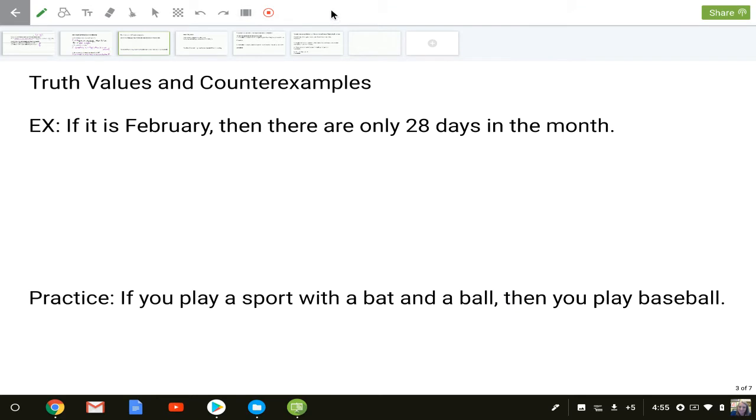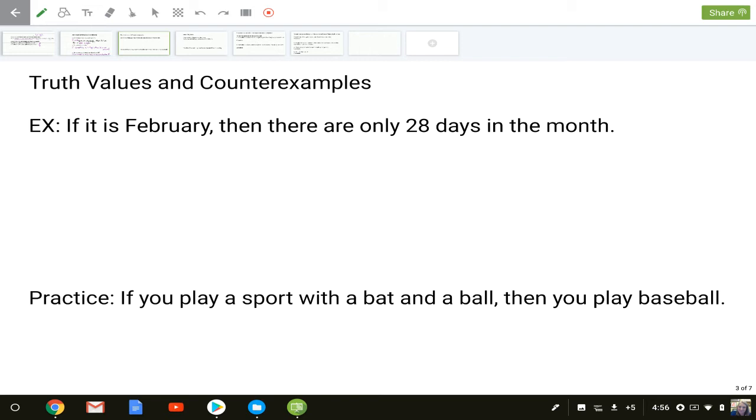Okay, now we're going to look at the truth values of conditional statements, and something that you've seen before called counterexamples. If we are trying to say that a conditional is false, then we need to use a counterexample to prove that we're right. In our first example, we have: if it is February, then there are only 28 days in the month.